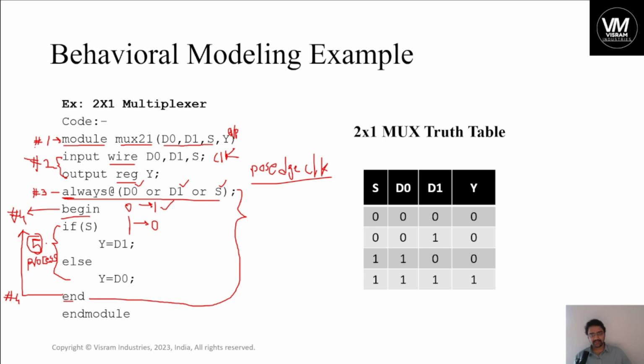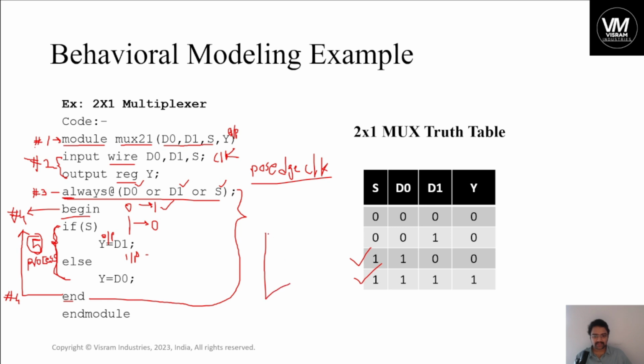What is the process? It relies on the functionality. This functionality can be derived with if else or case statements or some loop conditions. If S is enabled, 1 means enabled, 0 means disabled. So if S is enabled, the output will be the input from D1.